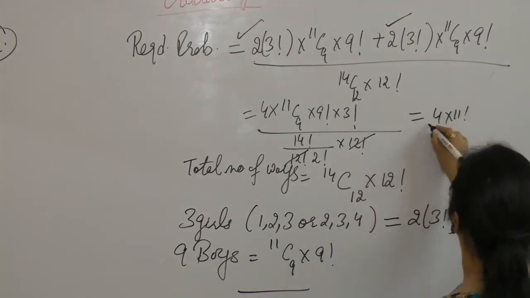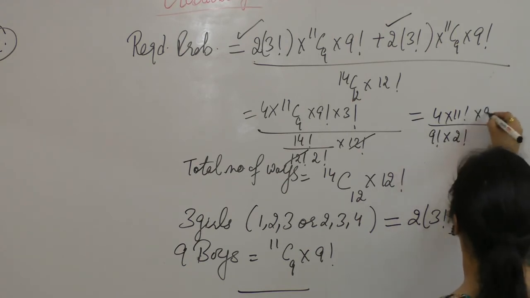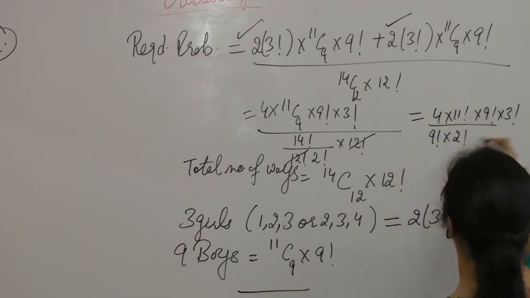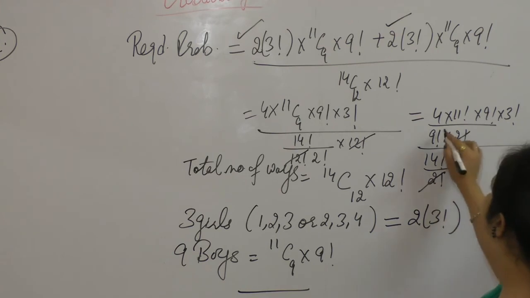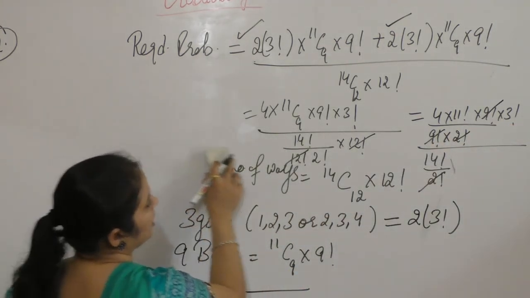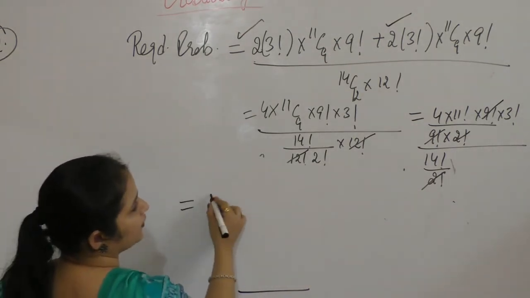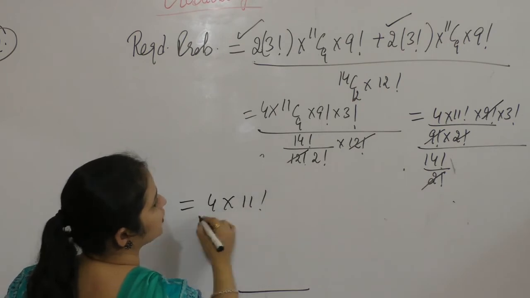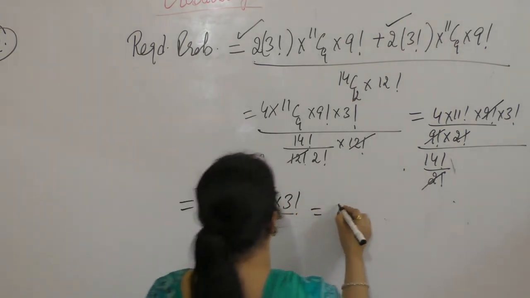Then 11 factorial upon 2 factorial into 9 factorial, into 3 factorial, upon 14 factorial upon 2 factorial. 2 factorial will get cancelled, 9 factorial will get cancelled here. Now solve. So what we get is 4 into 11 factorial upon 14 factorial into 3 factorial.